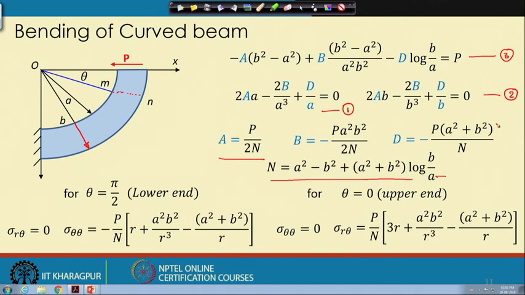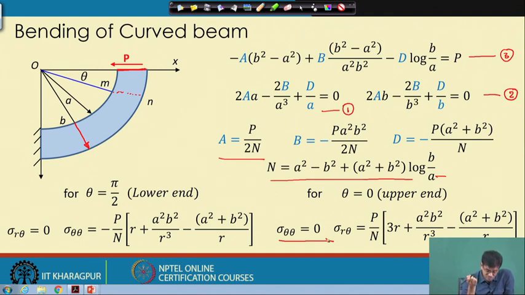So if you now look carefully, what are the stresses at the 2 ends of the beam? If you look at theta equals 0, that is at the upper end of the beam, then at this upper end sigma theta theta will be 0.